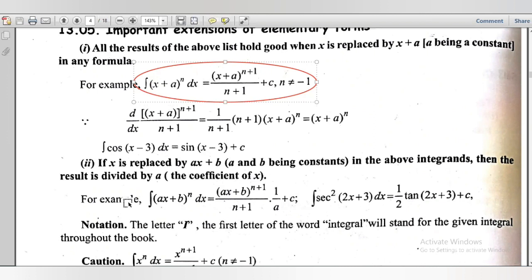And here also, it's very important. And here the example given, see, you have to memorize as a formula, this one and this one. Here everything is written properly in an easy way, you can understand.